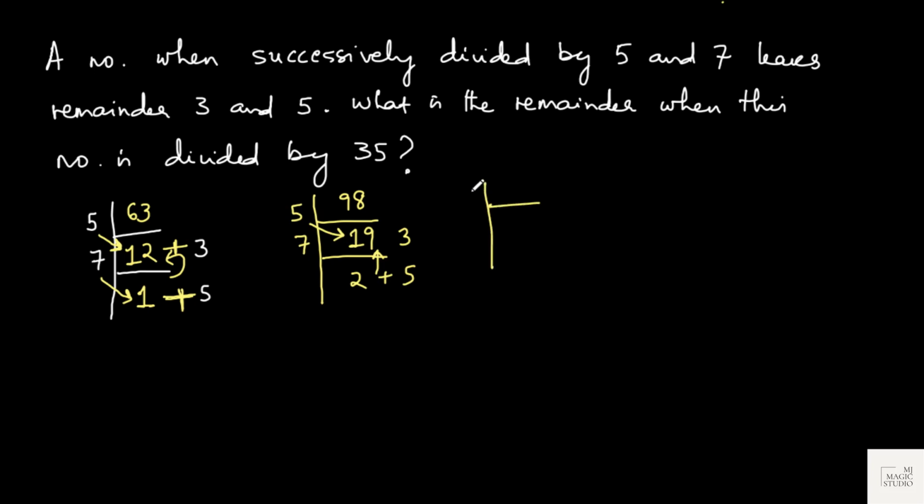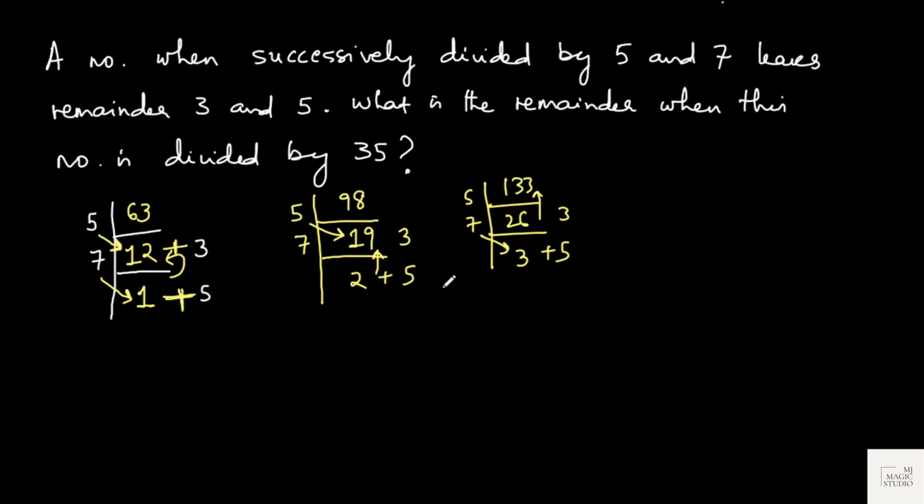Okay, let's give it a try with another quotient. 5, 7, here the remainders are 3 and 5. Let this quotient be 3. 7 into 3 is 21. 21 plus 5 is 26. We'll go up now. 26 into 5 is 130. 130 plus 3 is 133.